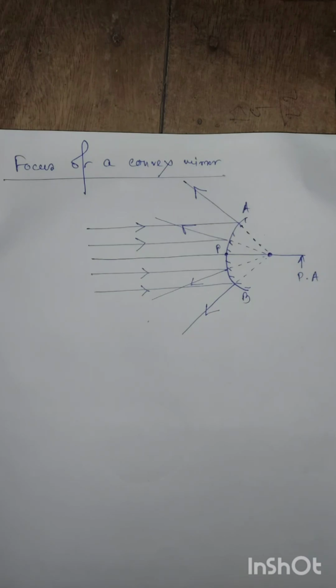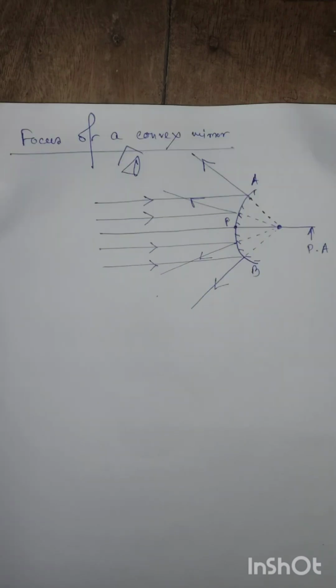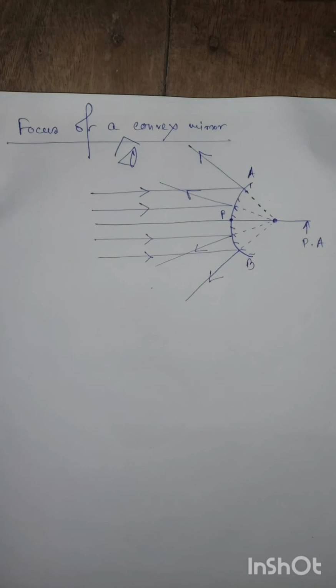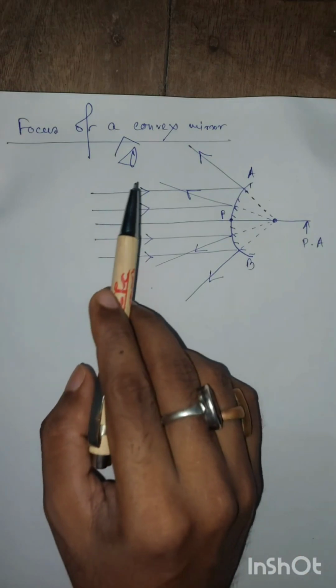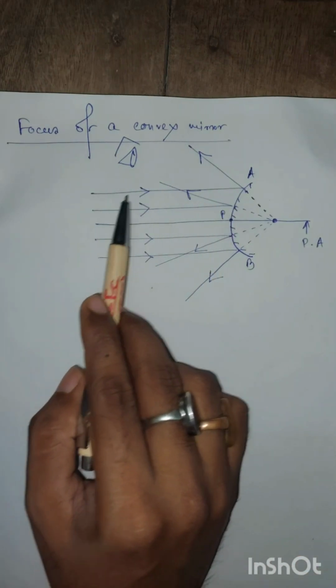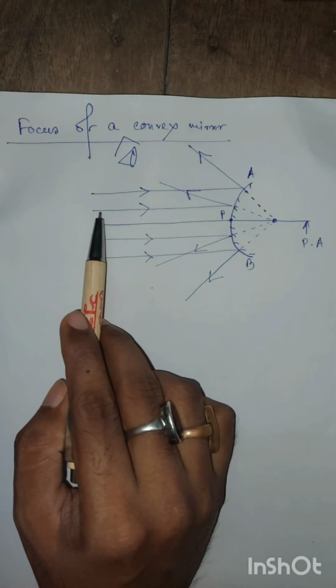Or we can say it in a different way. If we place our eye somewhere in front of the mirror, our eye cannot see the bent path of the light.